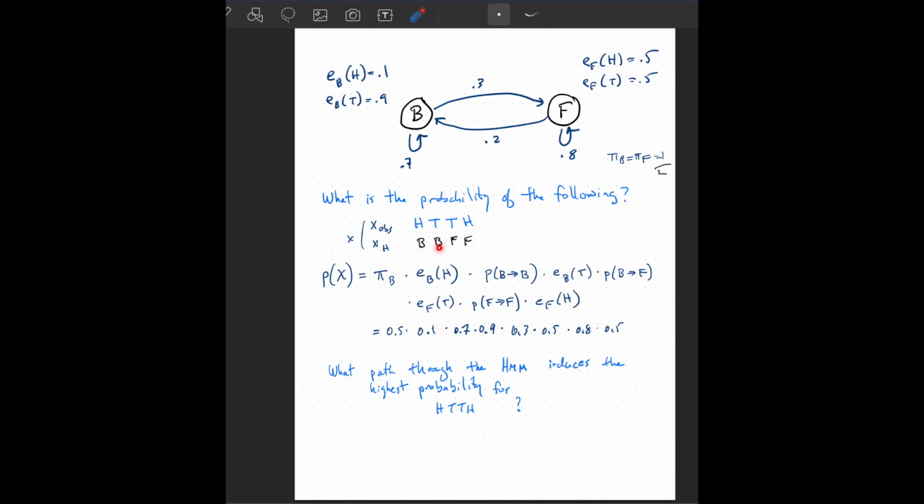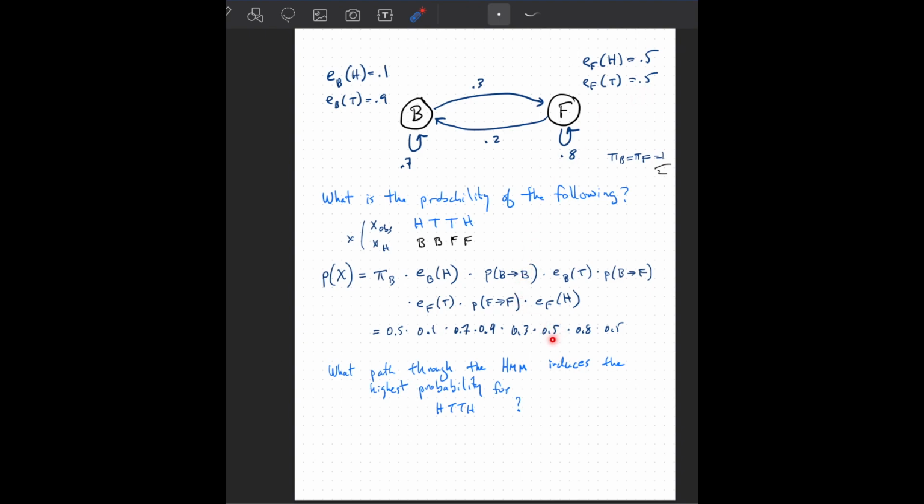Then this says that she stayed in state B, so it's the probability of going from B to B, which is this probability here, 0.7. And she emits a tail, again in state B, so that's 0.9. That's this one. And then we see here that she switched to the fair coin, so she traveled along this arc with probability 0.3, from B to F. Now she's in state F, and she emits a T, and that occurs with probability 0.5.